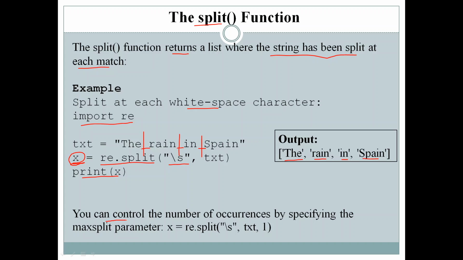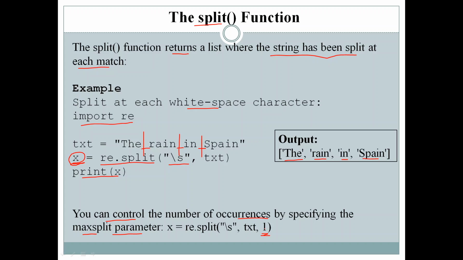You can control the number of occurrences by specifying the maxsplit parameter. Now we can even control how many times the split needs to be done, based on the number of matches, by using the maxsplit parameter. The split function takes this as the last parameter.